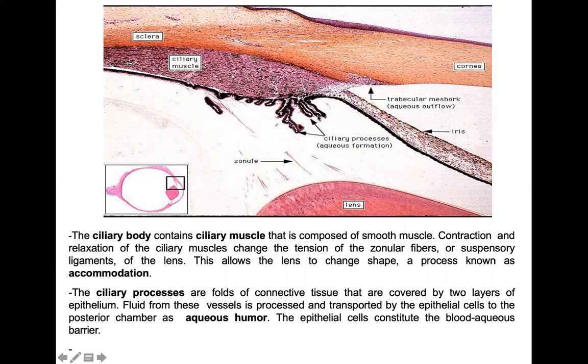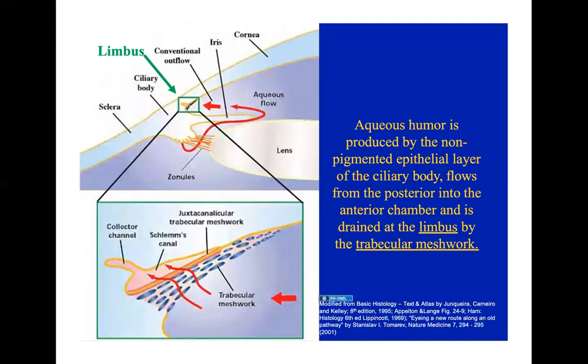So these transport fluid to the posterior chamber, usually as aqueous humor. And these epithelial cells usually constitute the blood aqueous barrier. So it prevents entry of foreign substances that may cause infection into the eyes. Now, this is usually the flow of your aqueous humor.